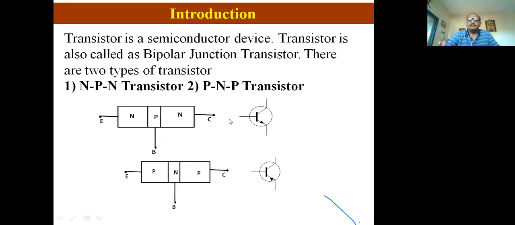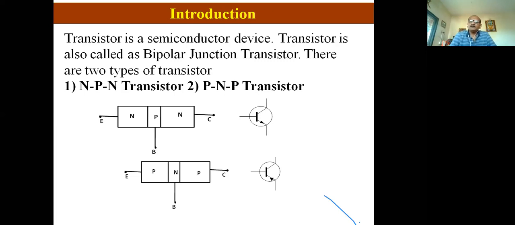Now, we know that when we study semiconductors, a semiconductor is a material whose conductivity lies in between insulator and conductor. We know that an insulator's resistivity is infinity, and a conductor's resistivity is 0. That means conduction of electrons takes place in a conductor.